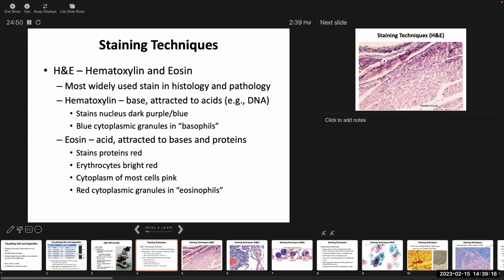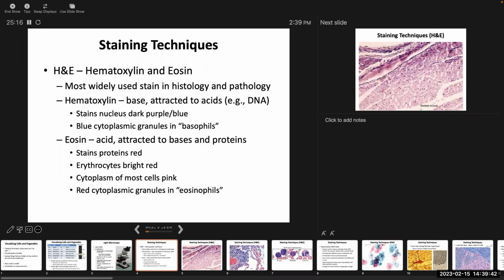The word nucleic acid dates back to the 1800s when scientists first discovered hematoxylin and started staining cells with hematoxylin. They knew that hematoxylin was a base and it was going to be attracted to something acidic. And they noticed that the nuclei of cells always stained dark blue or dark purple when exposed to hematoxylin.